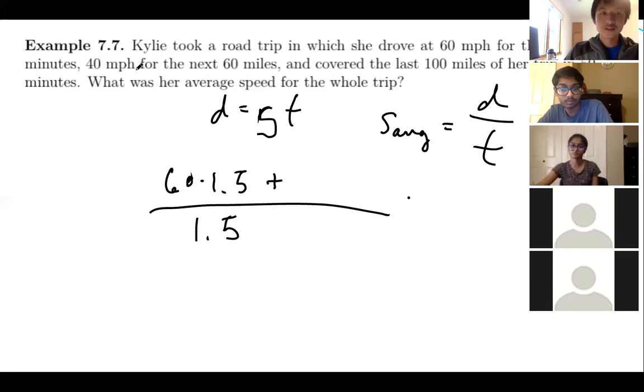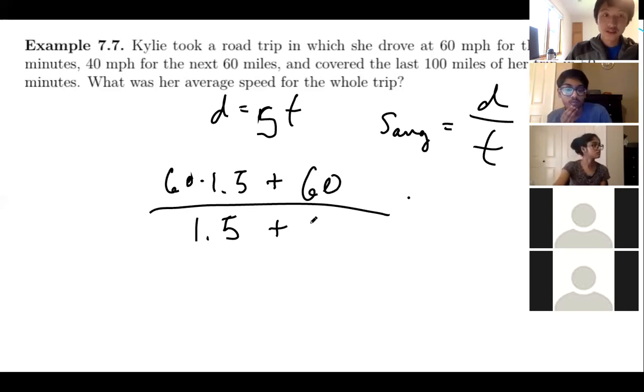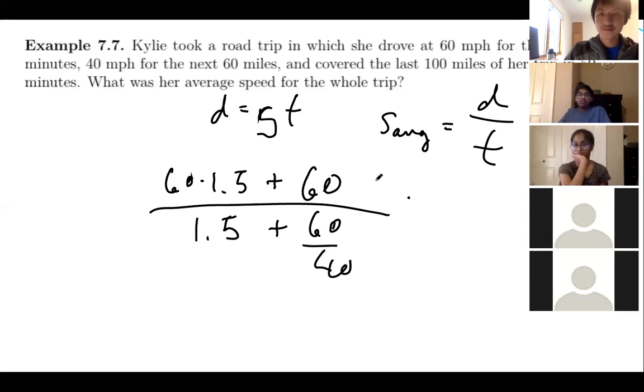And then next she drove 40 miles per hour for the next 60 miles. And so she went 60 miles, and the time it took to do that was 60 over 40. And then finally, she traveled 100 miles in 50 minutes. So 100 over 50.